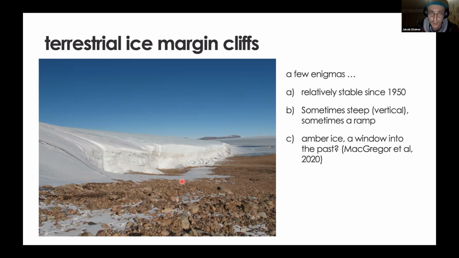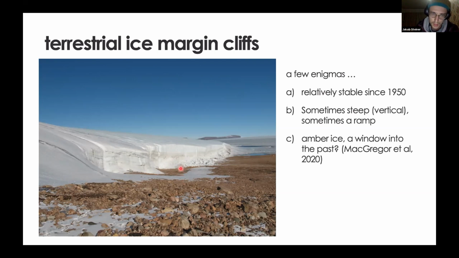why on one part it's vertical and the other one it's not. And then finally there is this amber ice, and there is a very nice study that was recently published by Joe MacGregor and his colleagues in the Journal of Glaciology, where they compared these amber ice lines with debris from ice cores from the ice sheet, not exactly at this location, but generally all over northern Greenland, and this matches really well.